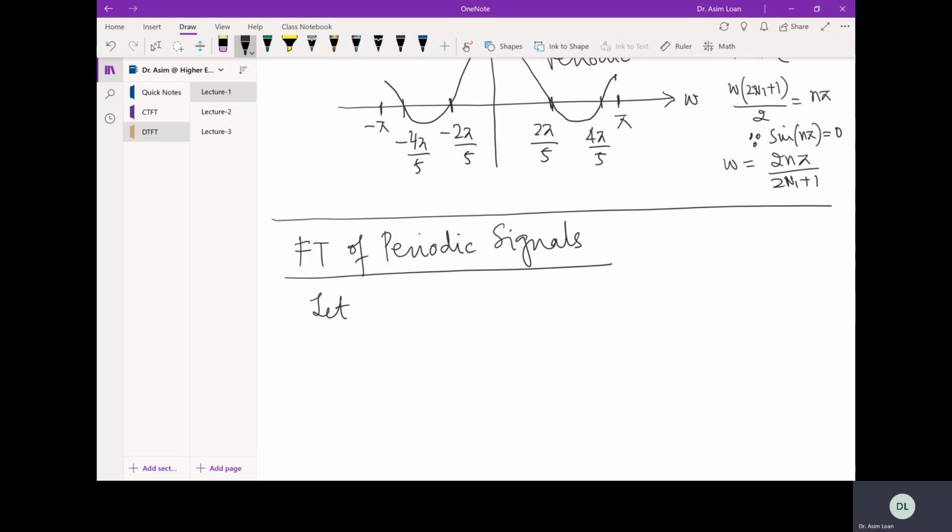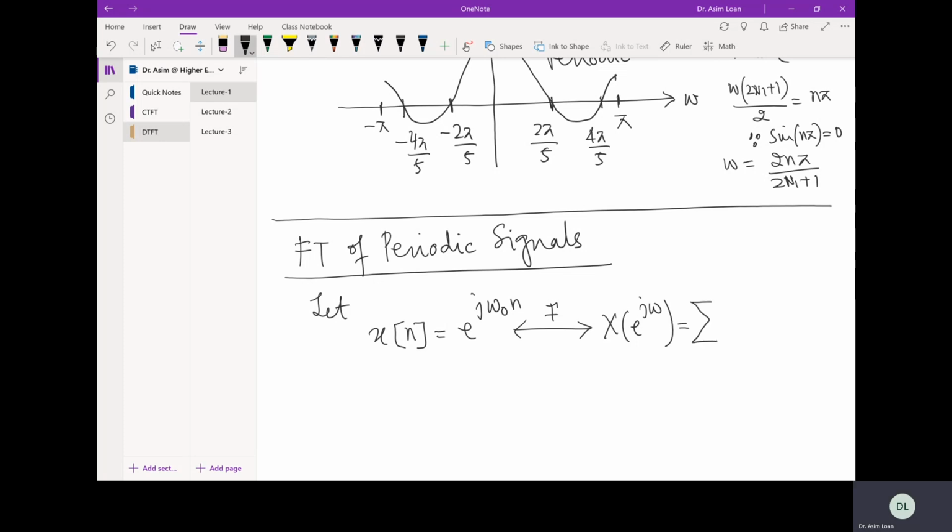Let x of n equal e^(jω0 n). If x of n is equal to e^(jω0 n), what is the Fourier transform? Our Fourier transform is going to be x of e^jω.